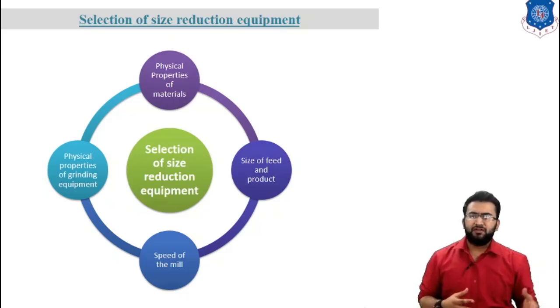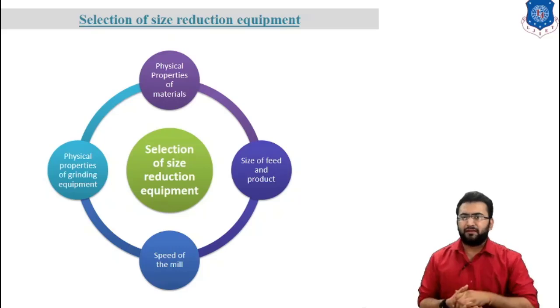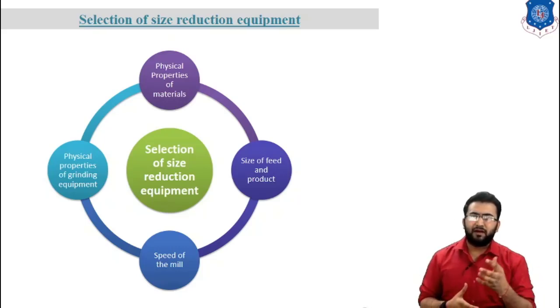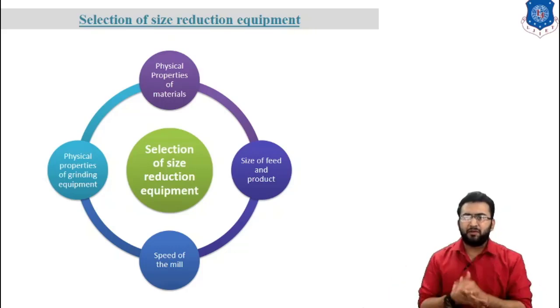The chemical engineer needs to know the particle size of the feed, especially the maximum value, the tonnage per hour required, and the particle size and other characteristics desirable in the product.